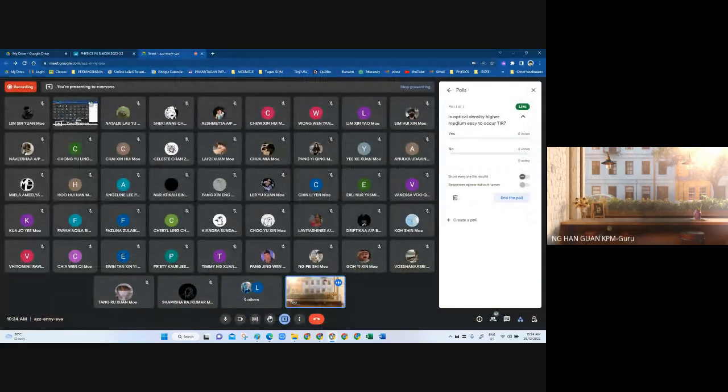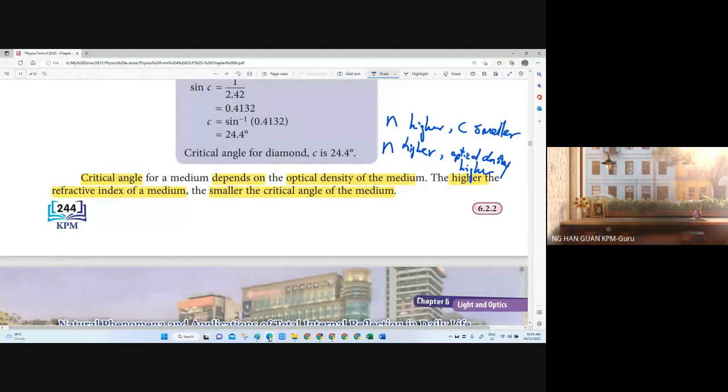The answer is just yes or no. Is it that the optically denser medium will make total internal reflection easier to occur?